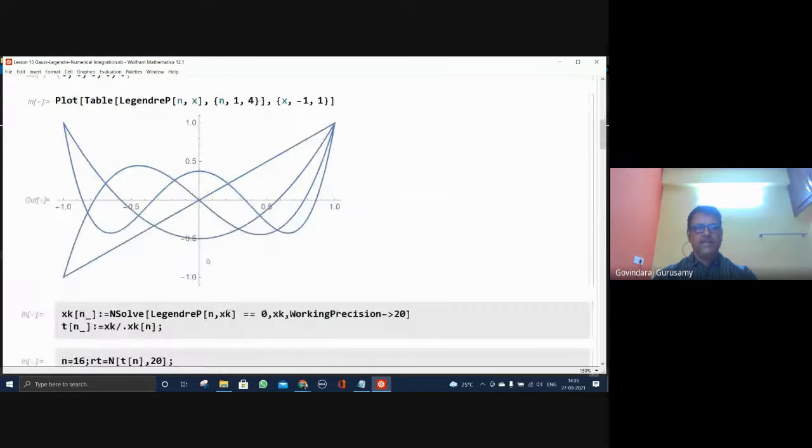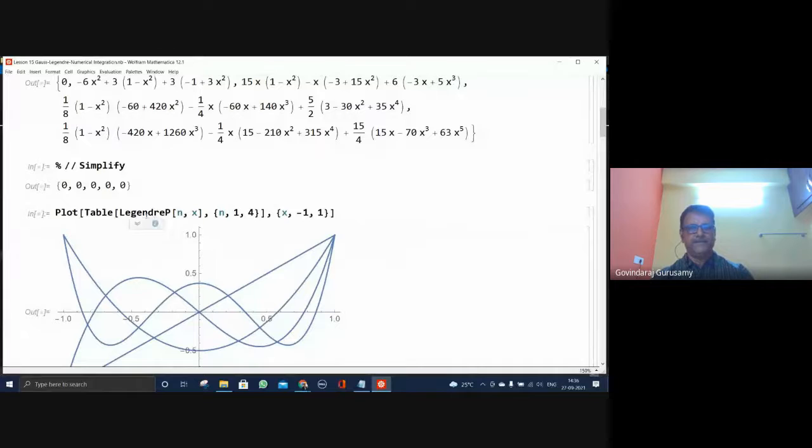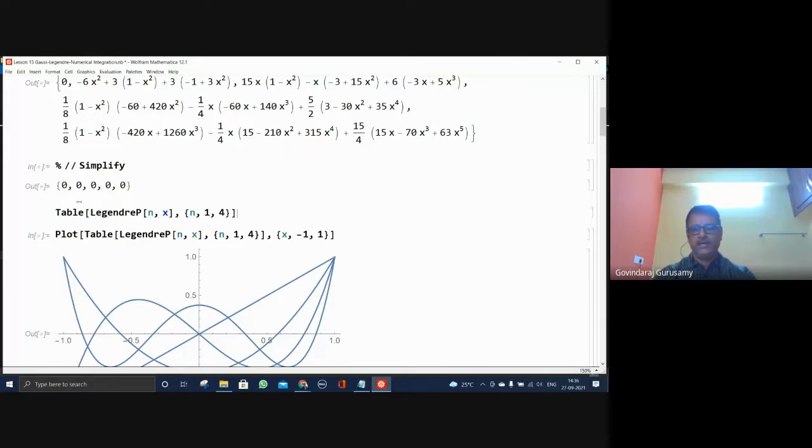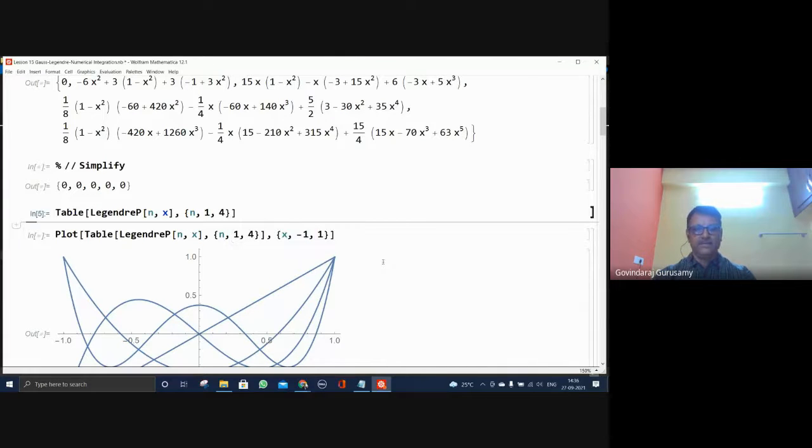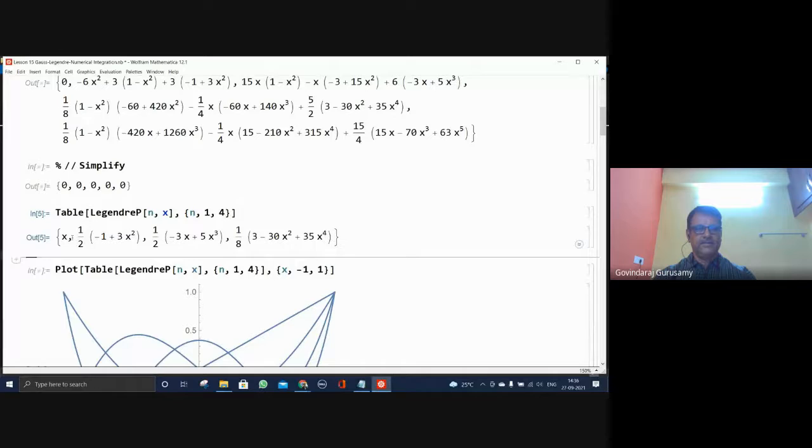No, I think it's already given here. You can see here LegendreP of 6 has been plotted, with n varying from 1 to 4. If I take this out and enter here, this is n equal to 1, this is the polynomial for n equal to 2, 3, and 4.